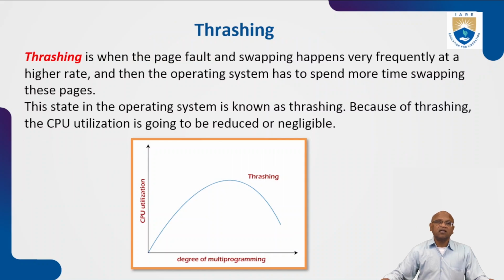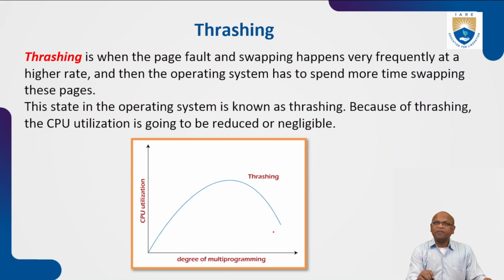So thrashing. What is thrashing? Thrashing is when page faults and swapping happen very frequently at a higher rate, and then the operating system has to spend more time swapping these pages. This state in the operating system is known as thrashing, because in thrashing the CPU utilization is going to reduce to negligible, because CPU utilization depends on the degree of multiprogramming.